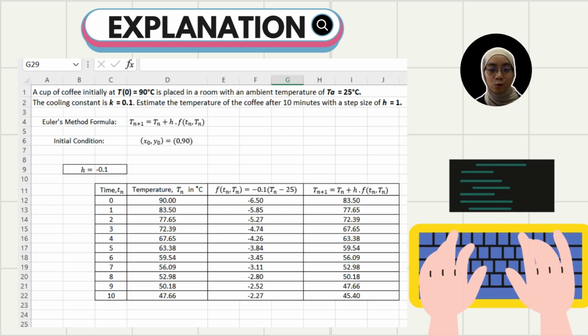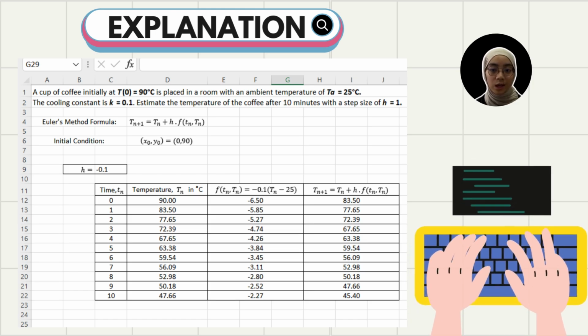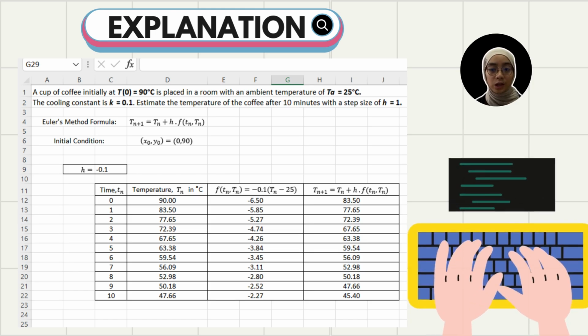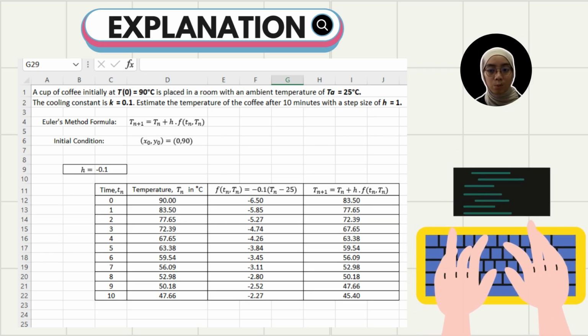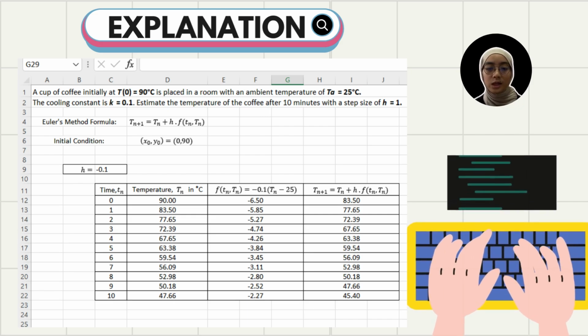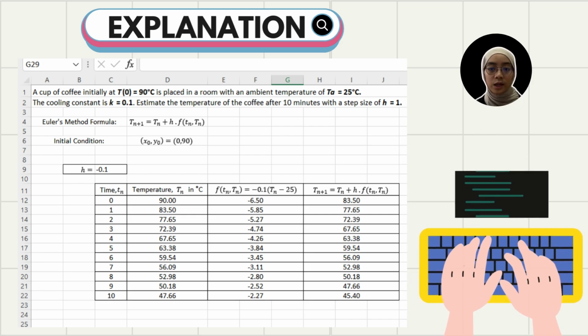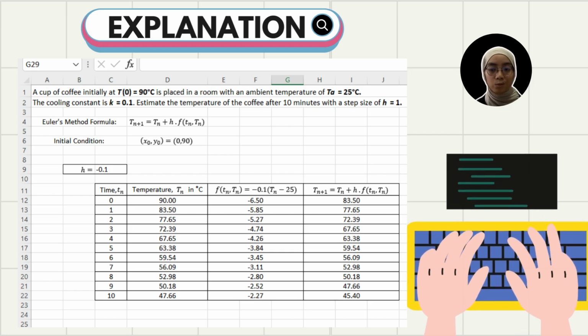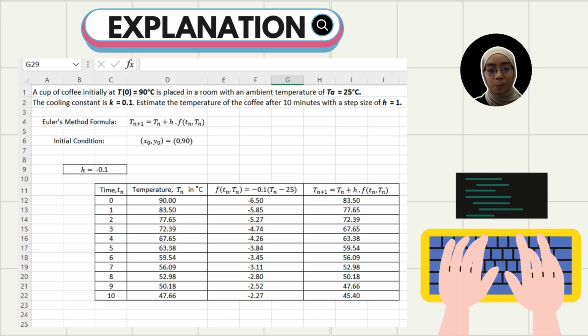In this case, the cooling function is given by f(t_n, T_n) equal to negative k times (T_n minus TA). Substituting the given parameters, the function becomes negative 0.1 times (T_n minus 25).